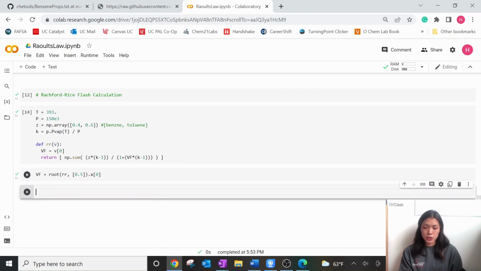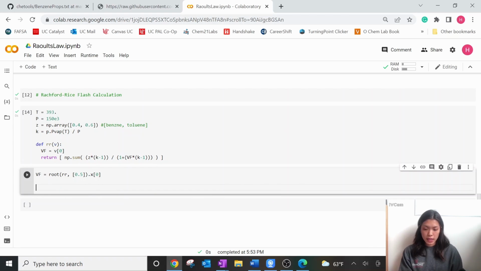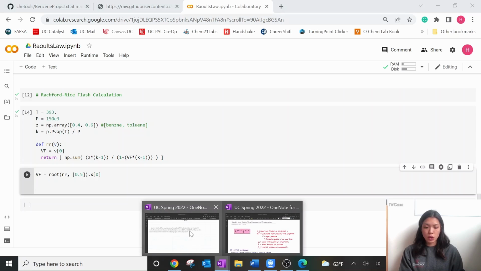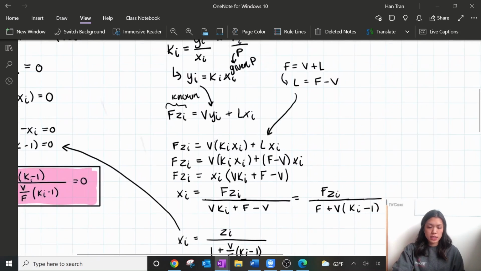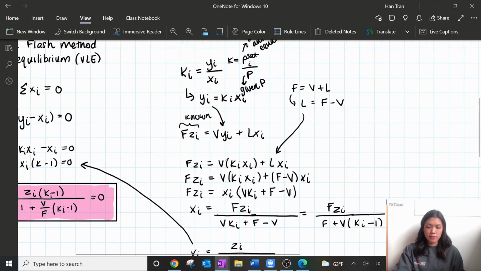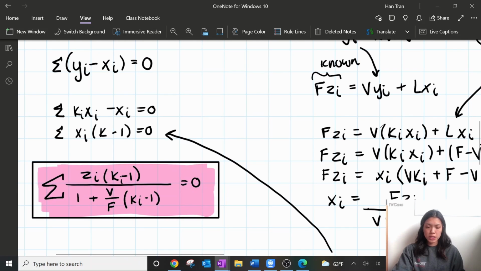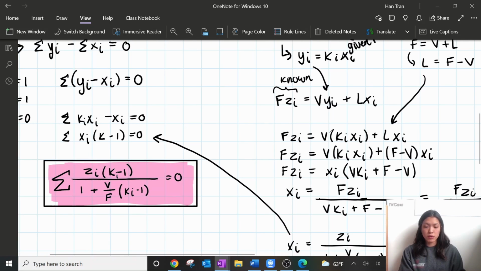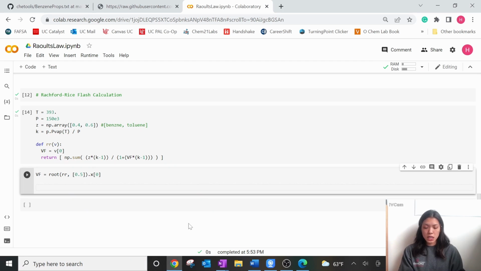And so now what we can do is we can calculate the vapor, the liquid, and the compositions of those. So if we go back to our equations here, we can see that the vapor liquid ratio, in order to figure out what that vapor is, we would just multiply it by the feed.